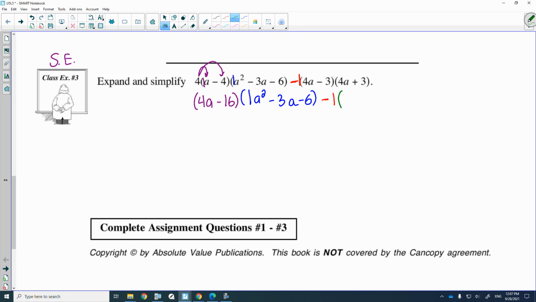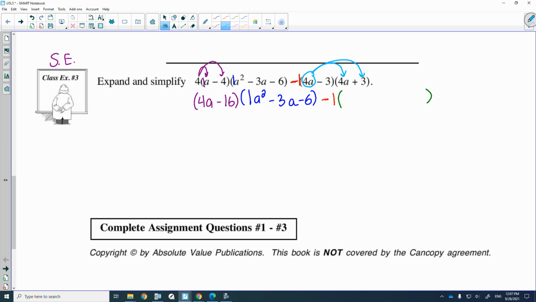And remember what we did yesterday? If we had two brackets at the end of our expression, we said, okay, let's make these two brackets into one bracket by distributing. So bring down that negative 1, create yourself a big bracket, and then let's distribute that 4a into here.